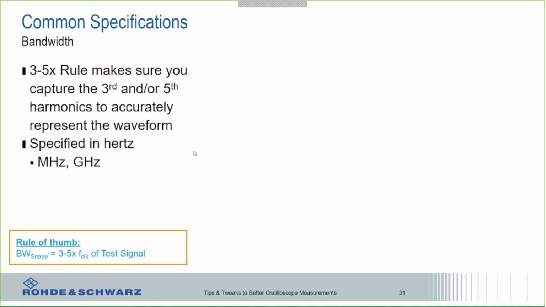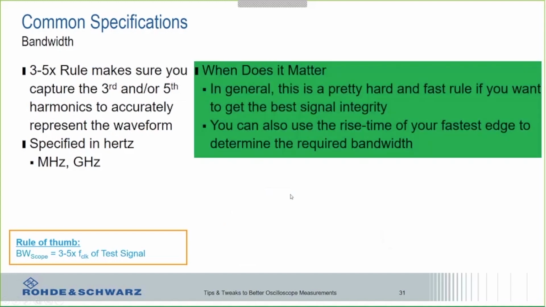We talked about the 3 to 5x rule, that you want the third or the fifth harmonic to accurately represent the waveform. Bandwidth is specified in hertz, so it's megahertz or gigahertz. So when does it matter? In general, this is a pretty hard and fast rule if you want to get the best signal integrity. Particularly if you're looking at digital signals, you want to see the actual frequency content of those third and fifth harmonics.